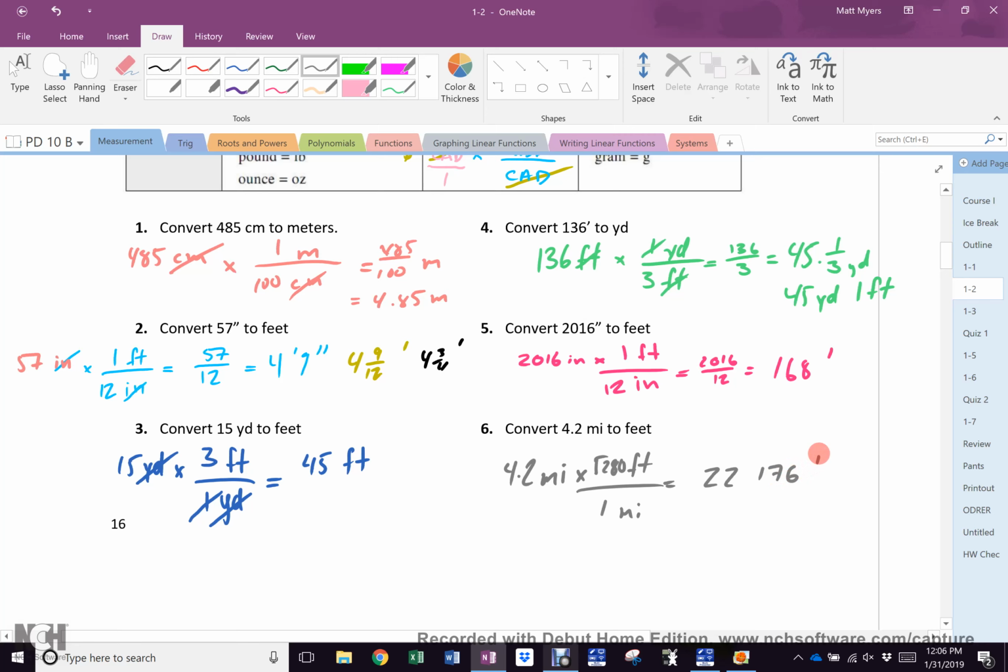Now, ladies and gentlemen, let me ask you this. 1, 2, 3, 4, 5, 6. Which number there is quite obviously a math class question, not a real life question? 6, obviously. You would never measure a distance of 4.2 miles in inches.